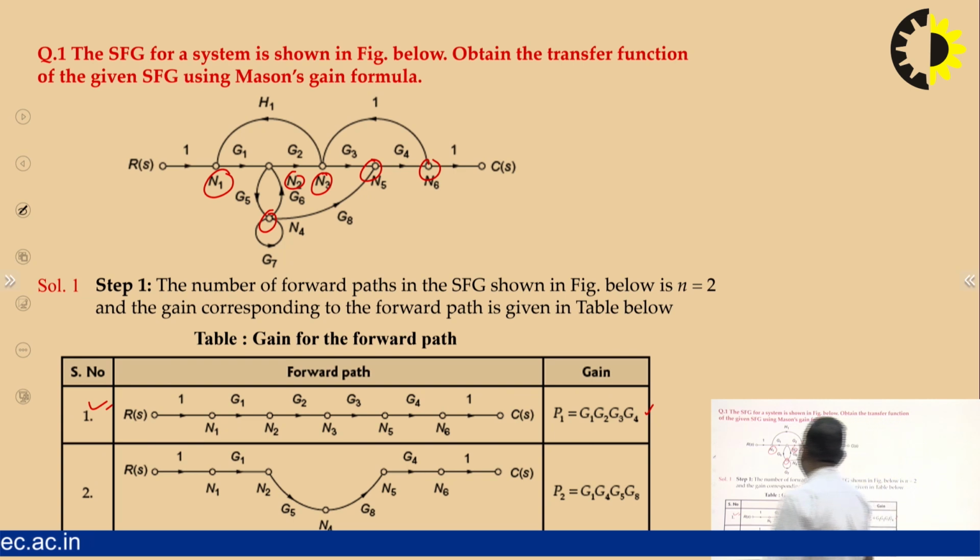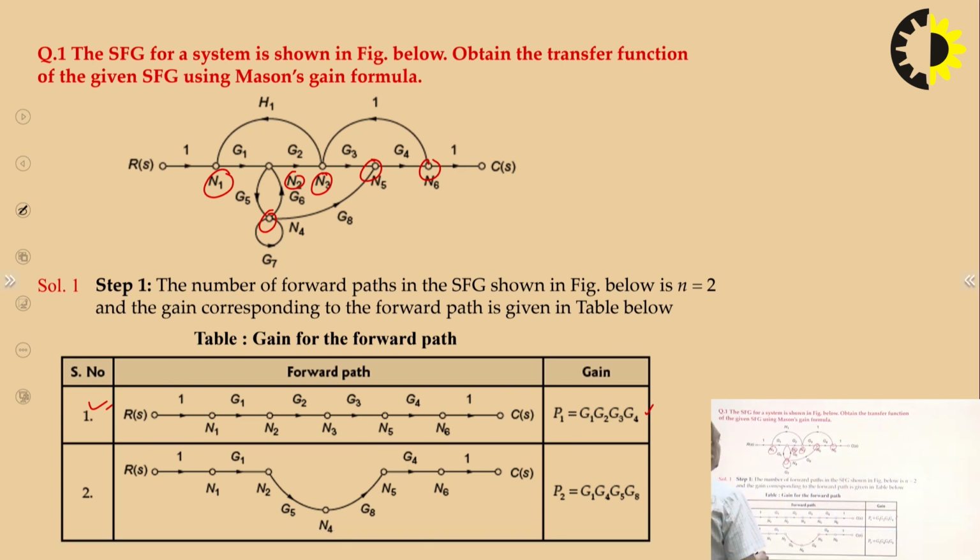The next forward path that we can take is G1, G5, G8, and G4. You can see this is the second forward path, going from N1, N2, N4, N5, and N6, and the branch transmittances are G1, G5, G8, G4. So the path gain is G1, G4, G5, G8.